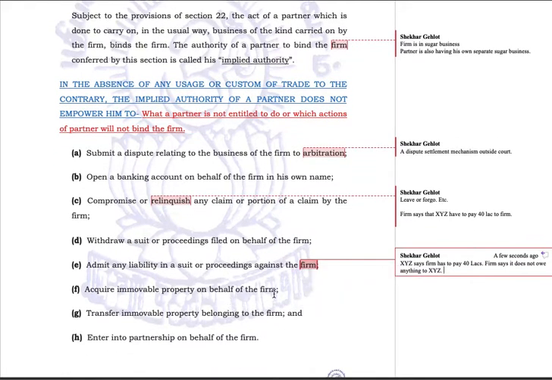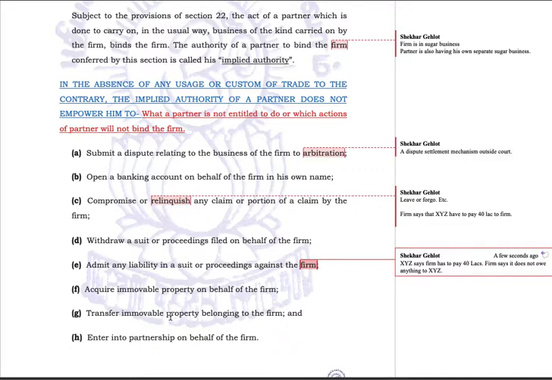Acquire immovable property on behalf of the firm. He cannot go and purchase real estate or immovable property like a flat or plot or house or office or commercial property for the firm. He cannot do so. Doing that will be illegal. Transfer immovable property belonging to the firm, or he cannot sell the property belonging to the firm.